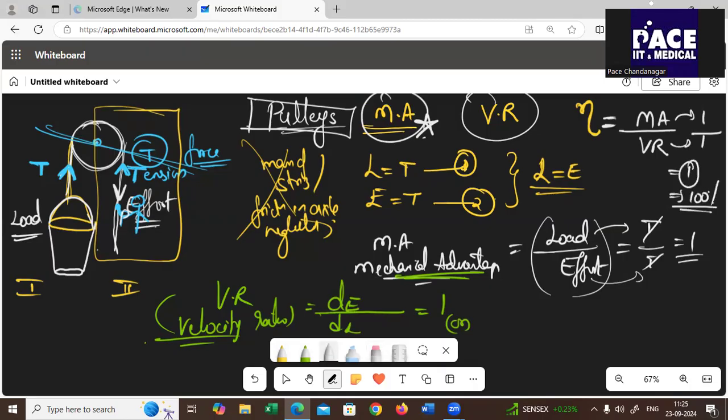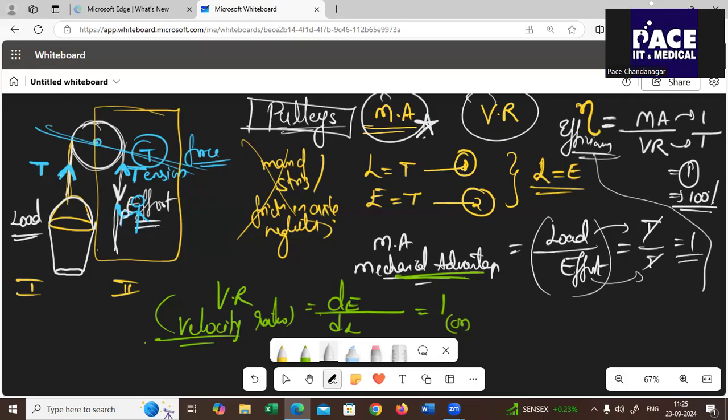If I have to talk in percentages, I am converting this to 100%, right? 1 is 100%. So this is called efficiency. And let me tell you, no machine in this universe is 100% efficient because there are some leakages of energy happening. So don't worry about that part. We will be doing it later also in the things coming up next.